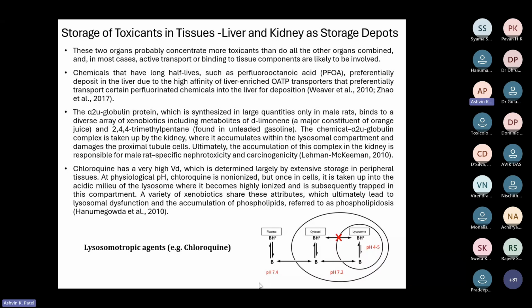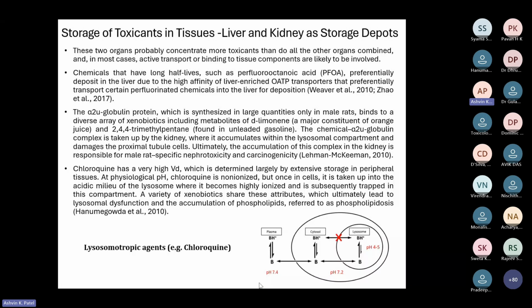Another example is chloroquine, which has a very high volume of distribution, determined largely by extensive storage in the peripheral tissue. At physiological pH, chloroquine is non-ionized, but once it enters the cell, it is taken up into the acidic milieu of the lysosome, where it becomes highly ionized and subsequently trapped in this compartment.